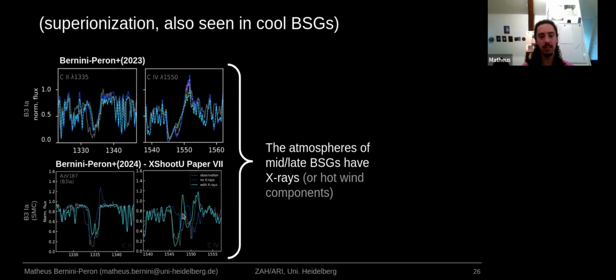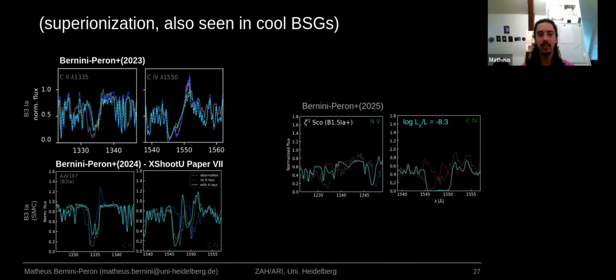But what all of this reveals is that the atmospheres of B supergiants, even at cooler temperatures like 16, 17,000 Kelvin, have X-rays and can create this superionization. And this is exactly what we are seeing in this B-hypergiant as well.